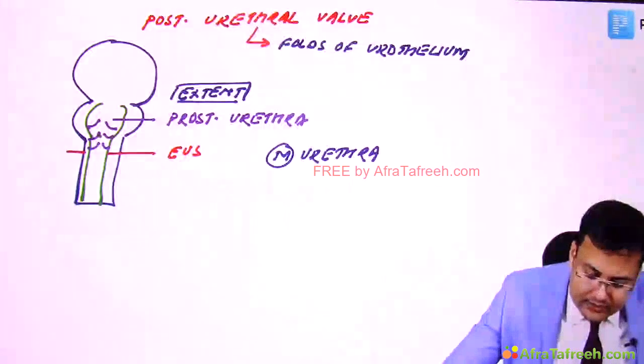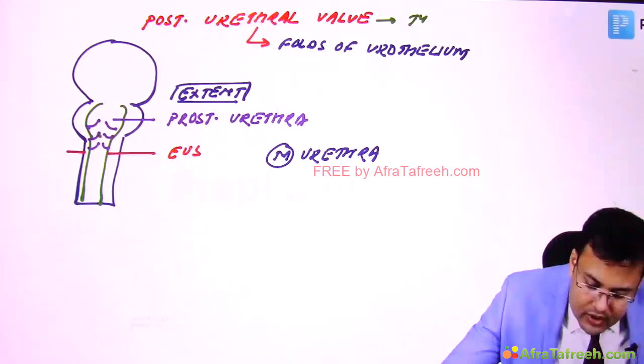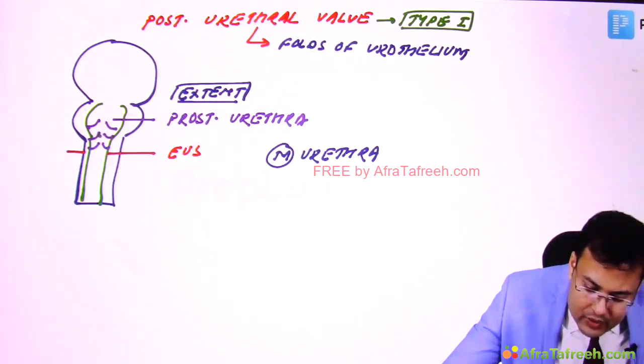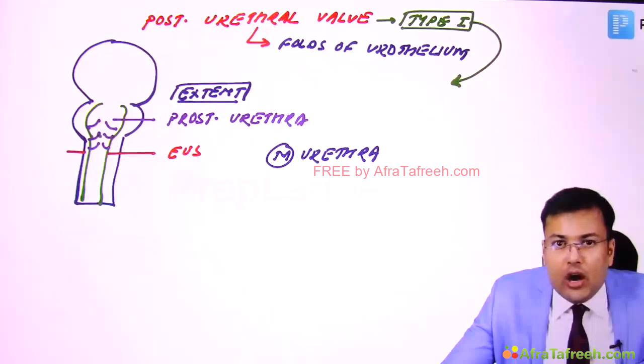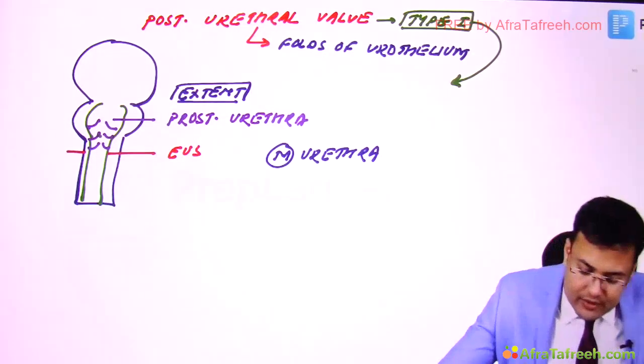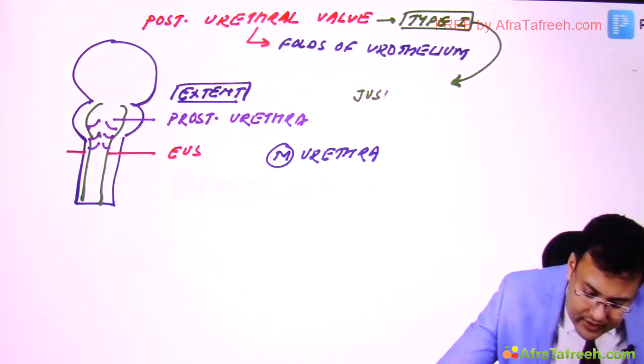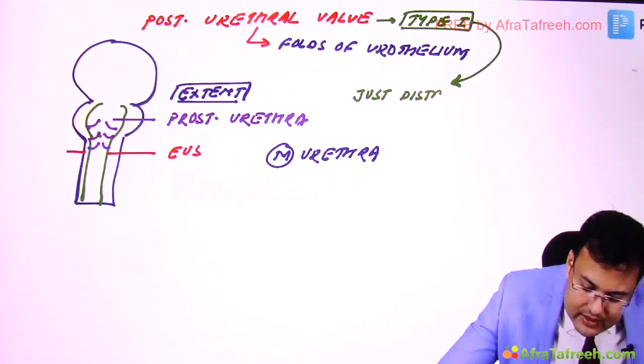It's type 1. And what is the location of this type 1? It's just distal to or at verumontanum.